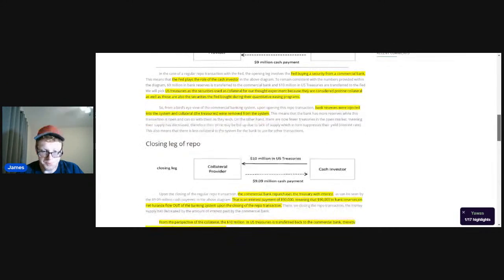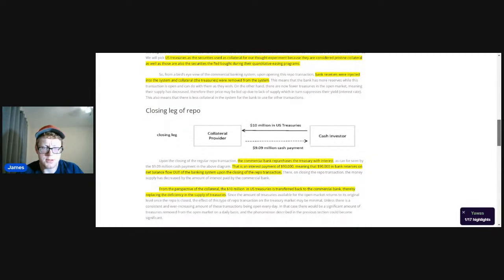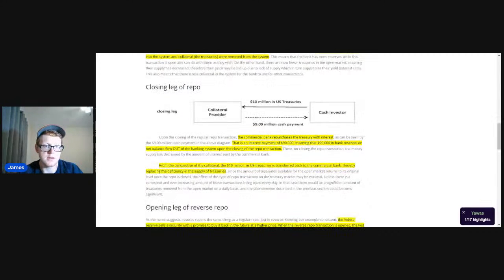So now, upon repurchase, right, because the Fed purchased the treasuries from the collateral provider originally, and now the collateral provider, i.e. the commercial bank, in our case, repurchases them from the Fed. So you see the same 10 million in treasuries goes back to the commercial bank.